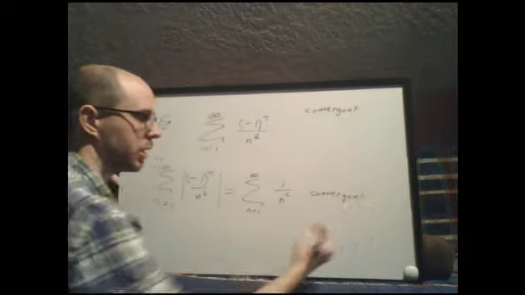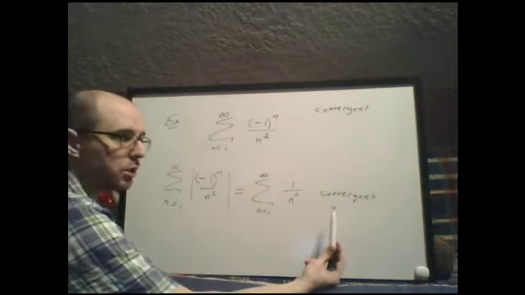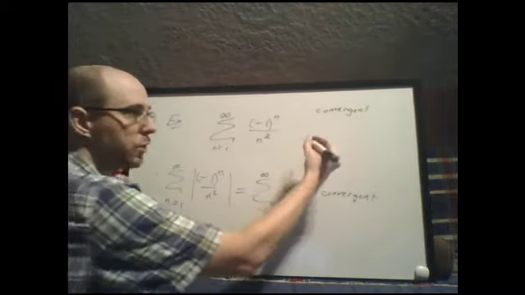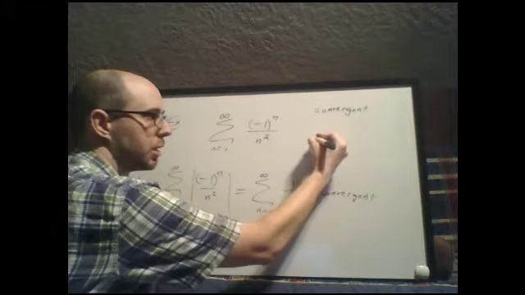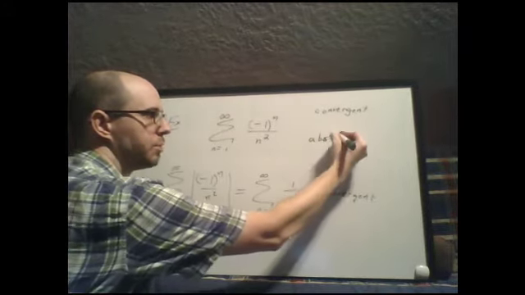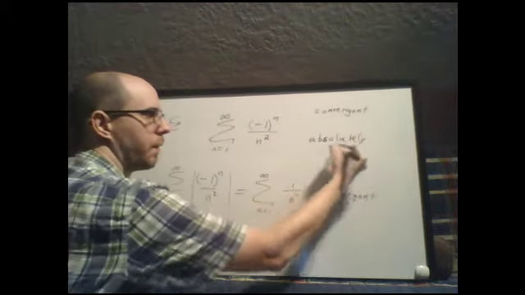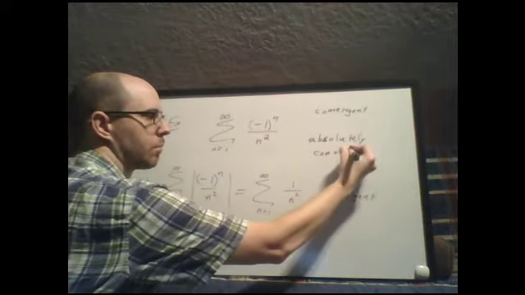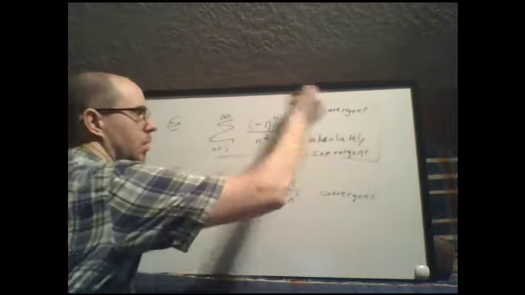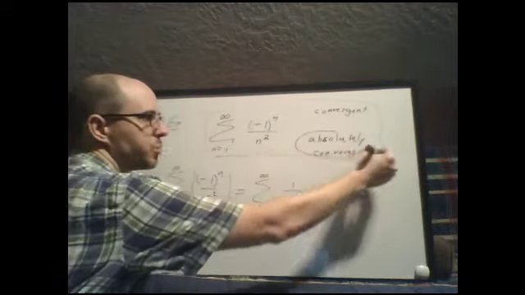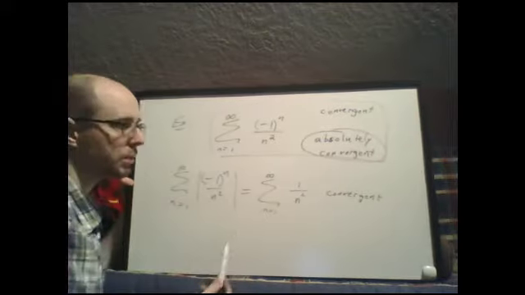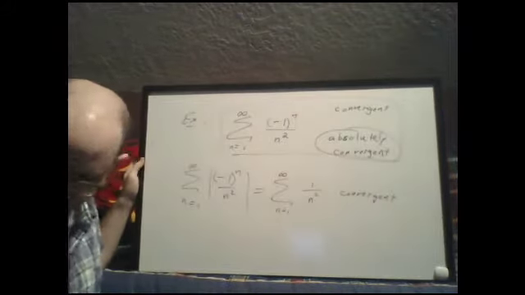So this is convergent. So the fact that this is convergent tells us that the alternating one is not only convergent, it's absolutely convergent. So as we'll see, if it's absolutely convergent, it will always be convergent. But we haven't proved that yet.